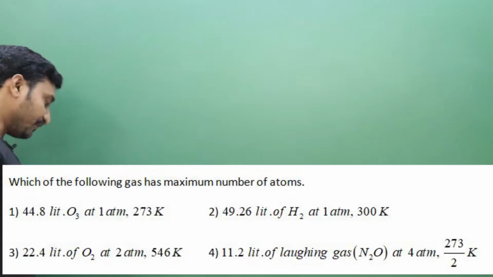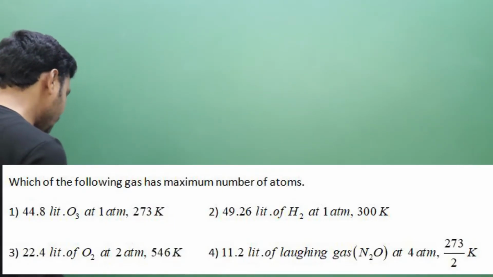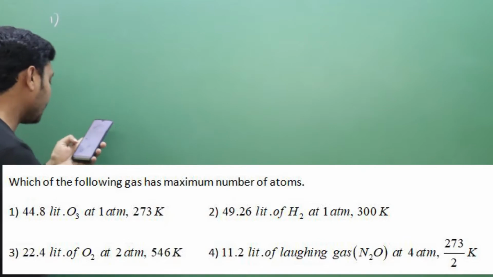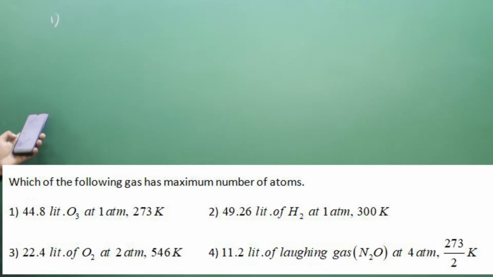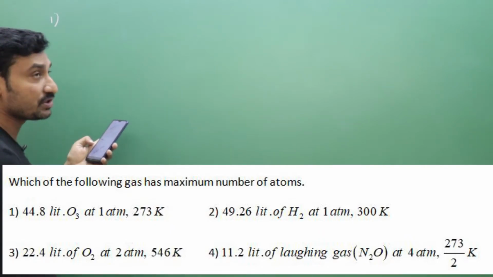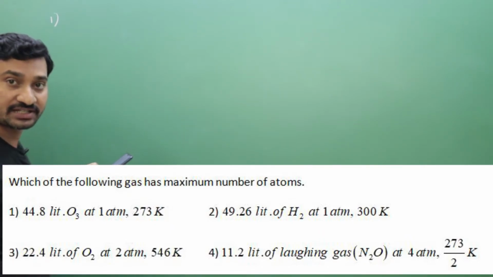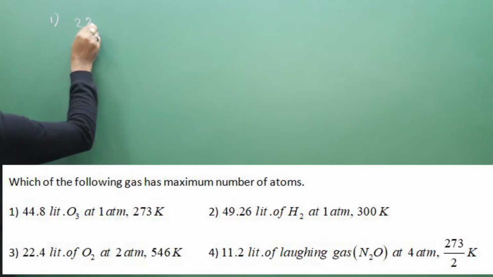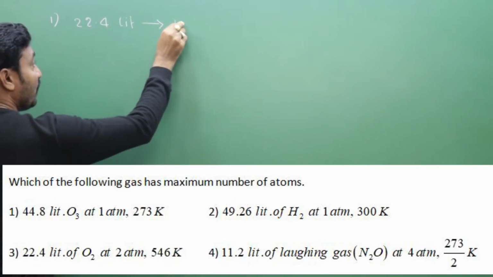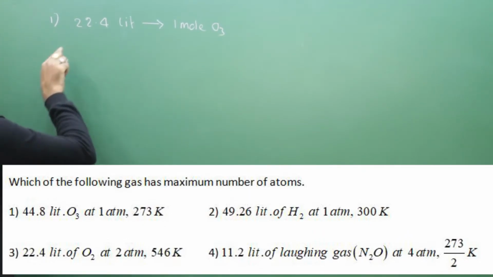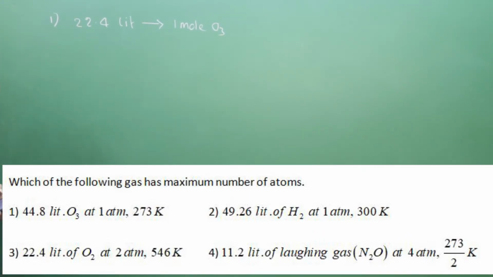Question number 3. Which of the following gases has the maximum number of atoms? First of all, we have to find the number of moles. Given 44.8 liters of O3 at 1 atmosphere and 273 kelvins, nothing but STP conditions. We know 1 mole of O3 occupies 22.4 liters at STP.